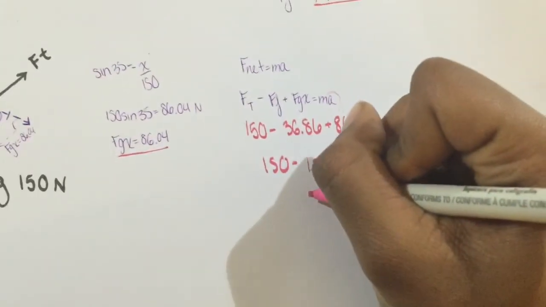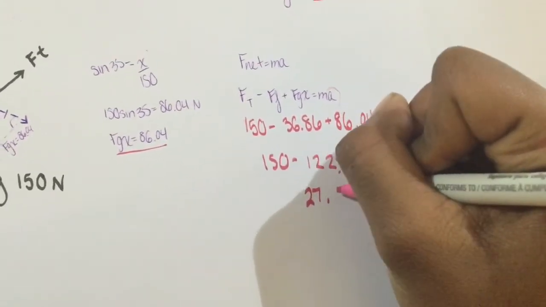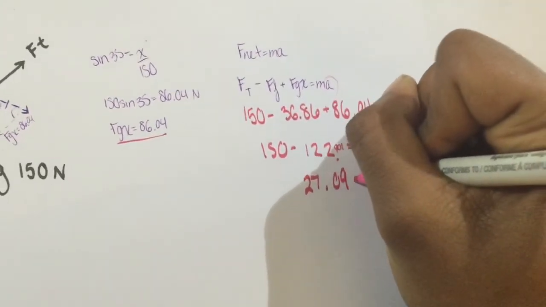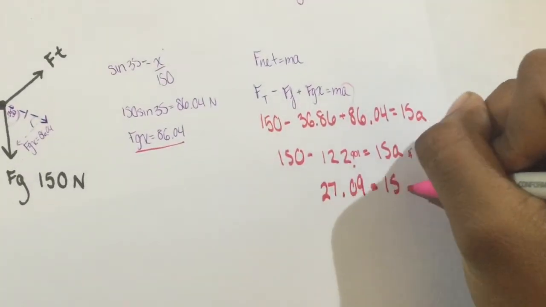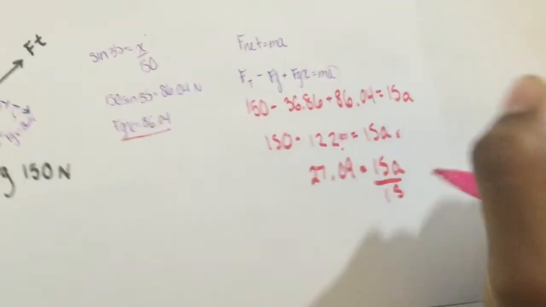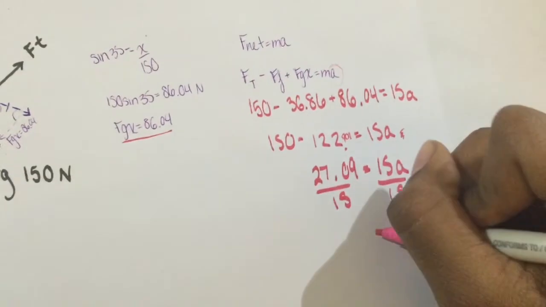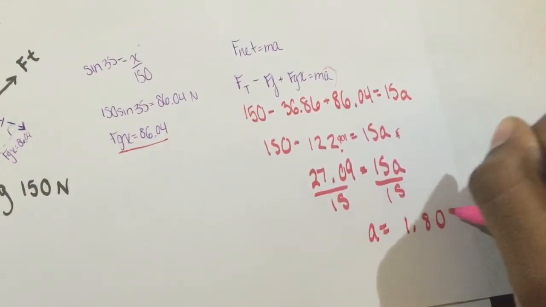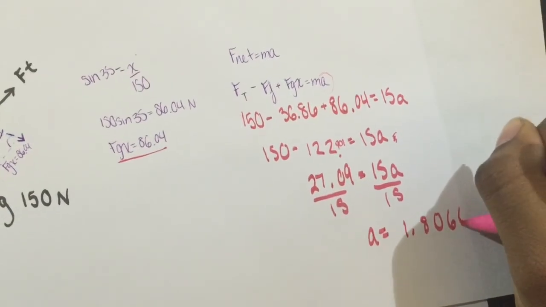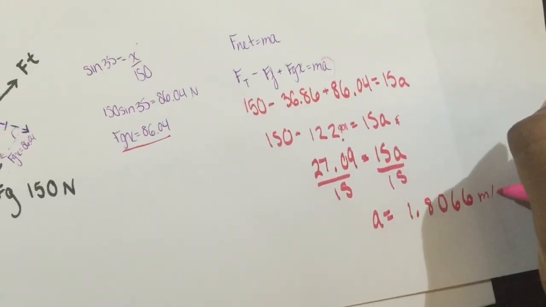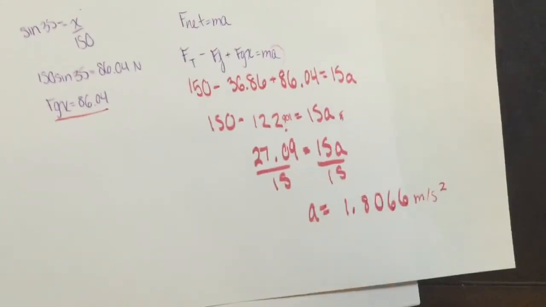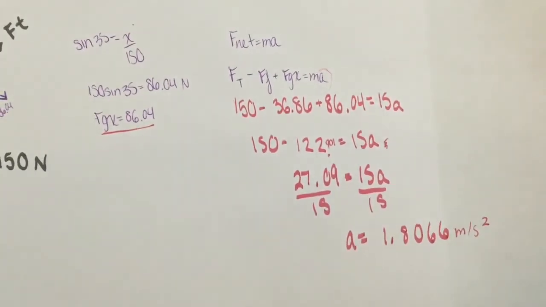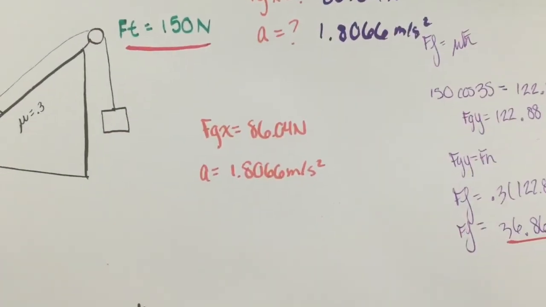Next we'll get 27.09 equals 15A, and you divide by 15 on both sides, and the acceleration equals 1.8066 meters per second squared if you don't round, which I didn't do. These are our final answers.